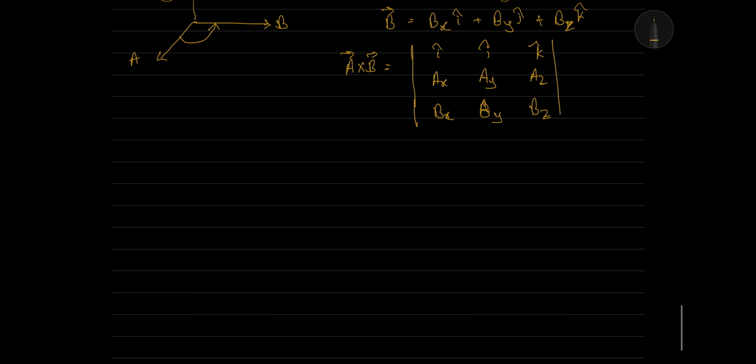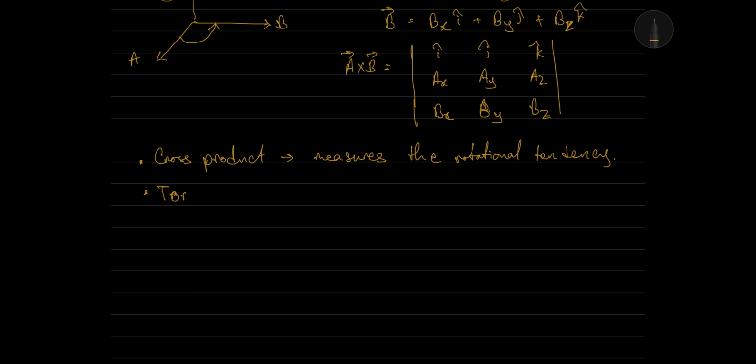What can cross product do? Cross product can measure the rotational tendency. We can also calculate torque, angular momentum, and area vector.